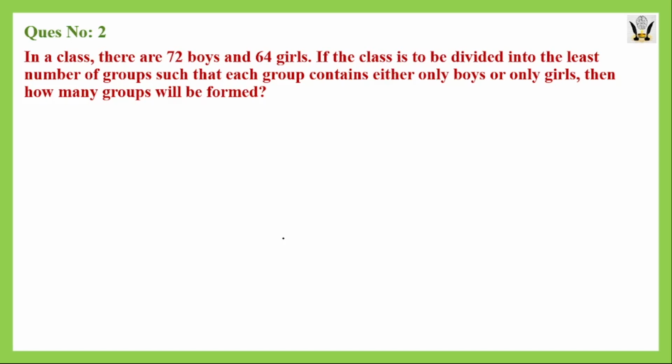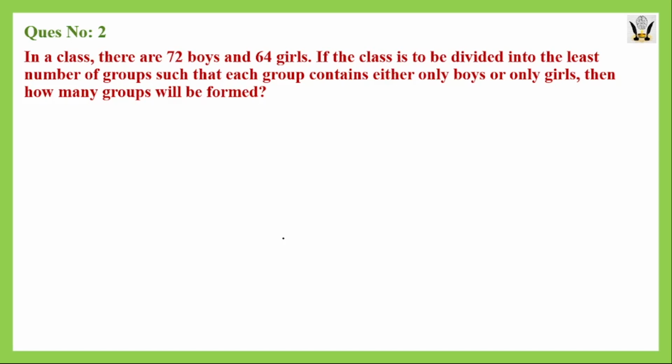And this time we are focusing on forming the least number of groups. So if it is the least number of groups, then we will try to fit more boys or girls in a group. So the factor by which we are dividing 72 and 64 should be the highest common factor, or we can say greatest common divisor.